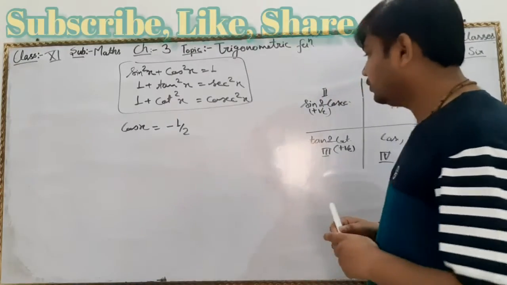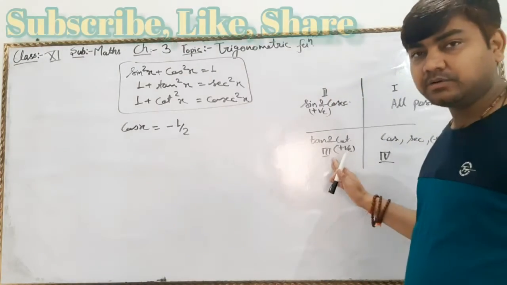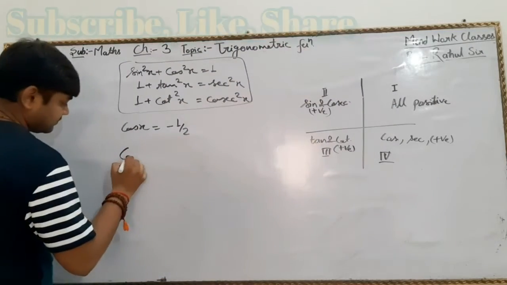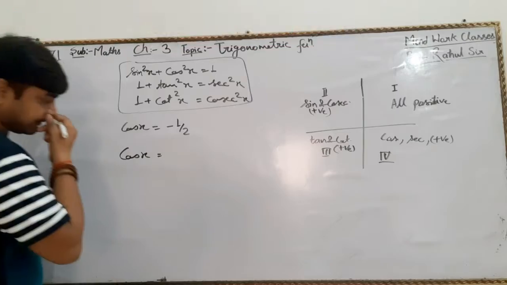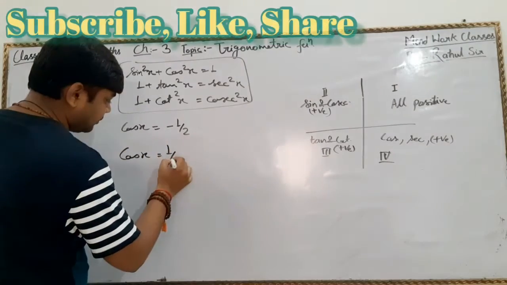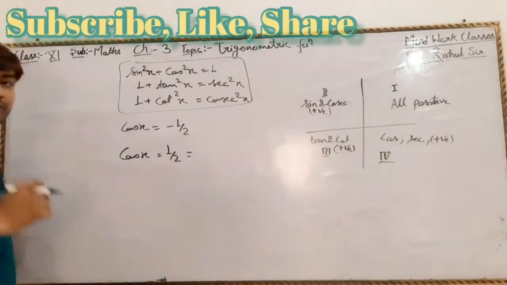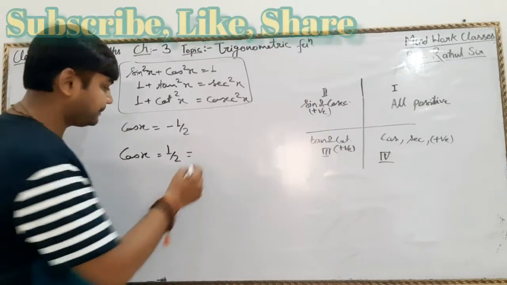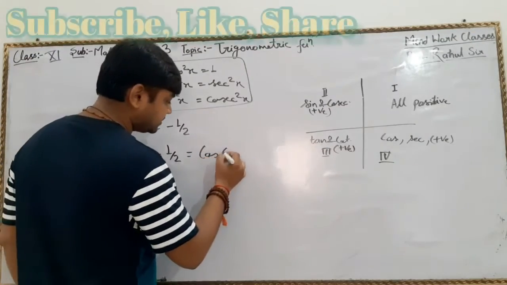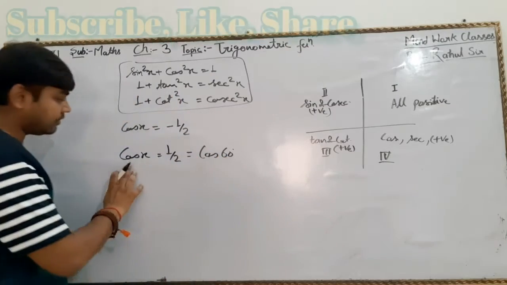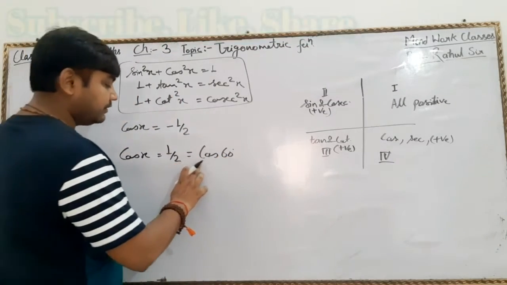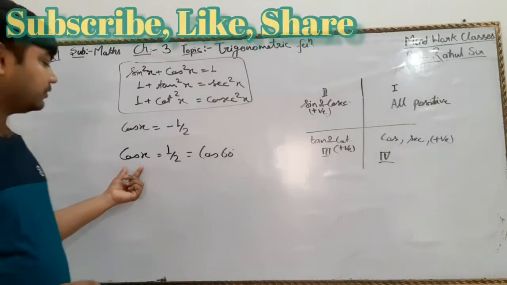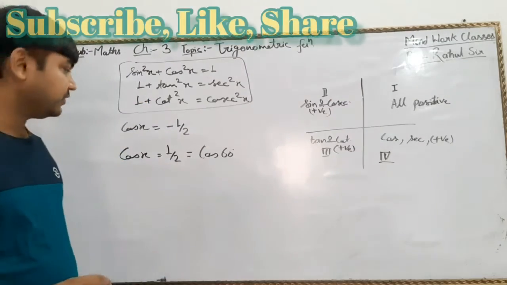So for being in the third quadrant, first you must understand at which point the cos value becomes 1 by 2. That is cos 60 degree. Please understand, cos x equal to half is cos 60 degree.